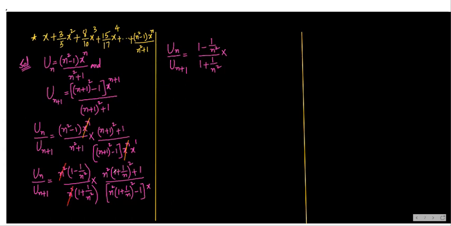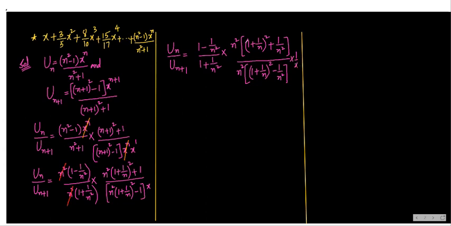Into, taking n square common from all of this, 1 plus 1 by n whole square plus 1 by n square, divided by 1 plus 1 by n whole square minus 1 by n square, because we have taken n square common overall. This is multiplied by 1 by x.